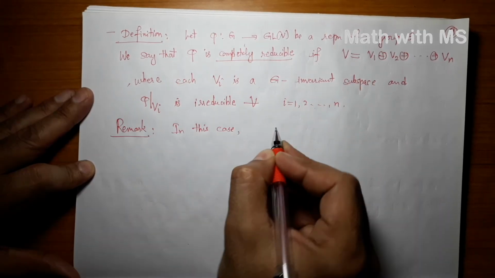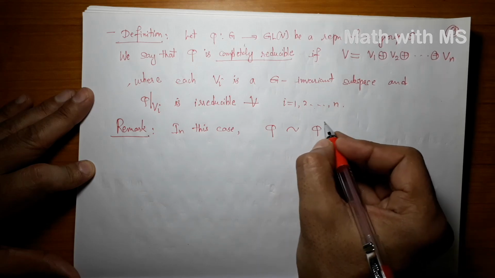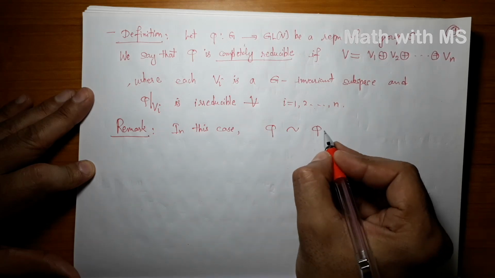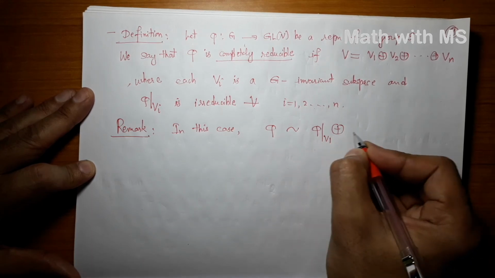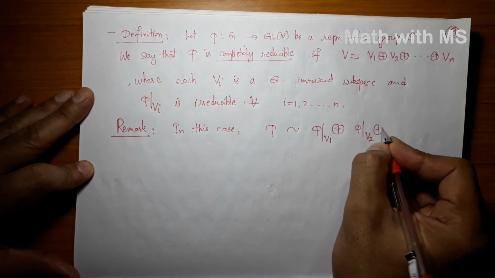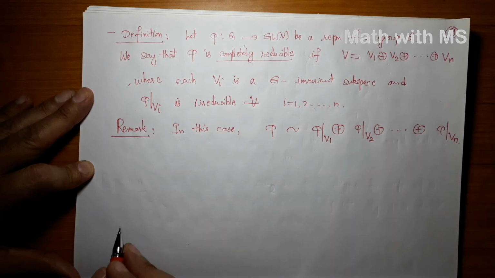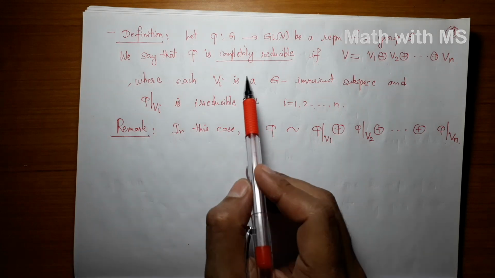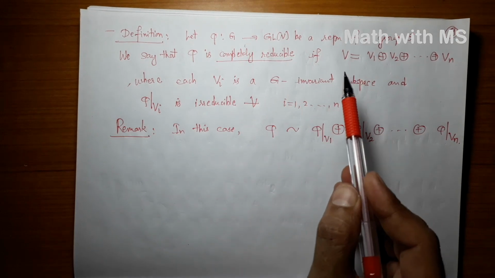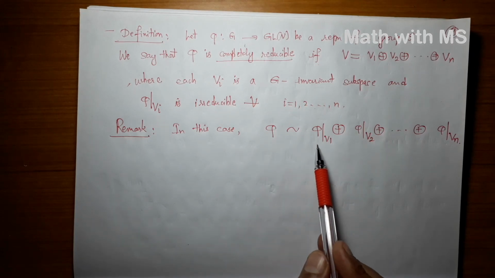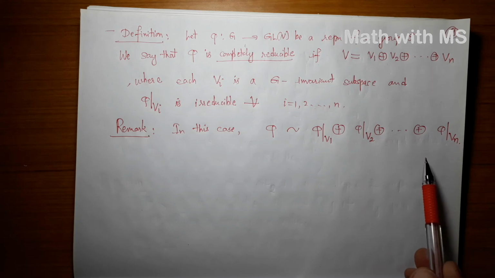Okay, in this case our representation phi is equivalent to this sum of sub-representations: phi restricted to V1, direct sum, phi restricted to V2, direct sum, and so on. So in other words, a representation is said to be completely reducible if it can be written as a direct sum of irreducible sub-representations.